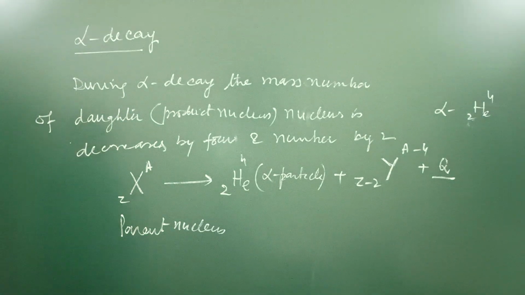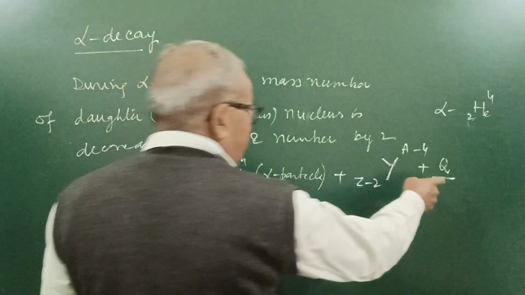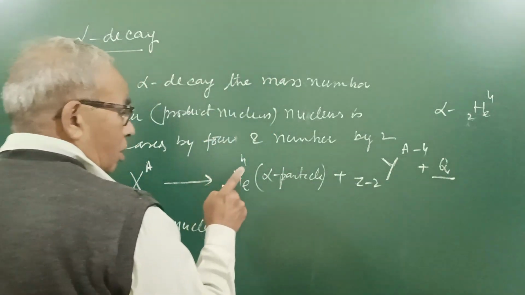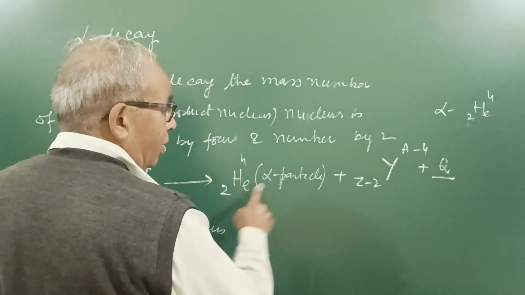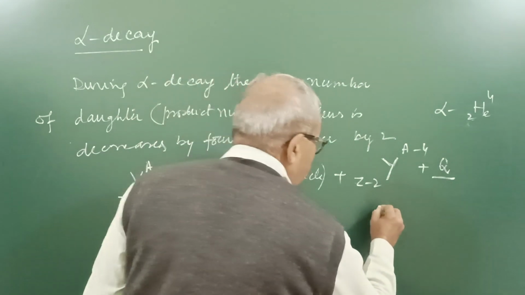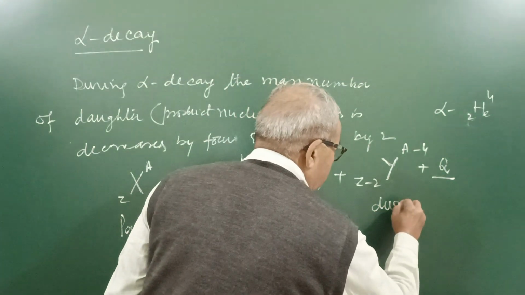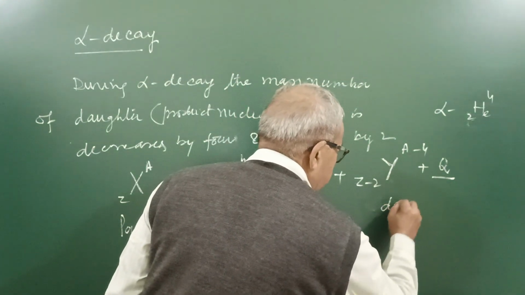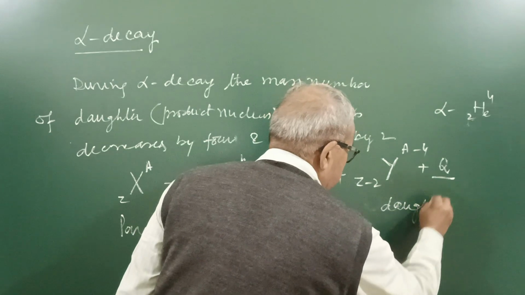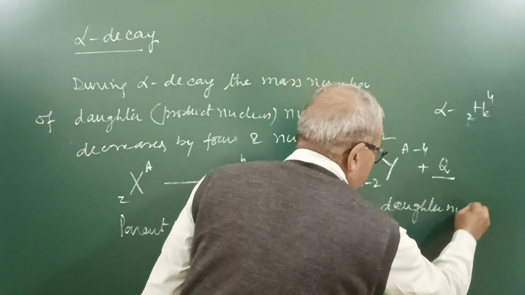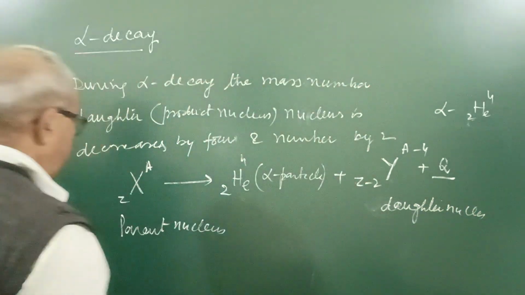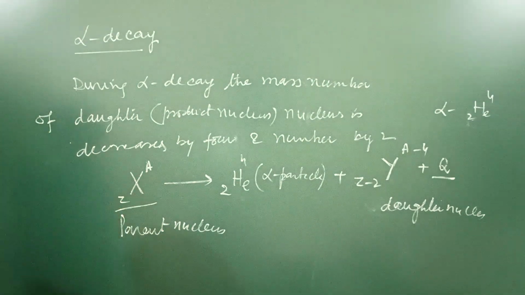By applying the law of conservation of energy and momentum, it is found that energy will be released if the sum of the mass of the alpha particle and the daughter nucleus is less than the mass of the parent nucleus.